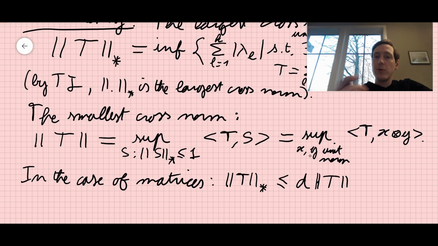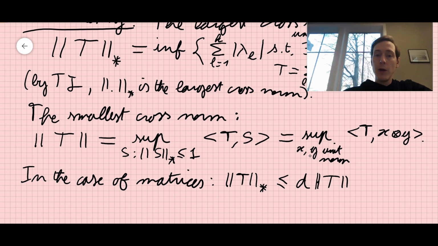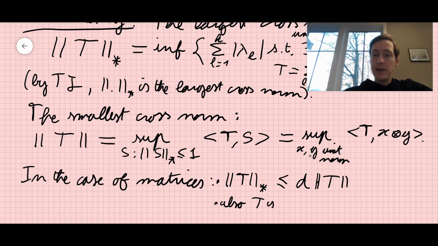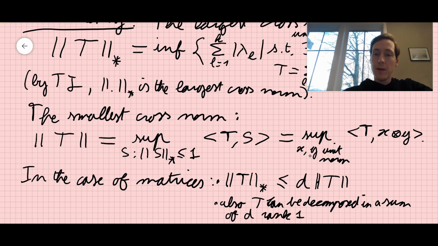But now for higher order tensors, we don't have this eigen decomposition. So what is the equivalent? We also know a very related fact: T can be decomposed in a sum of d rank 1 matrices.